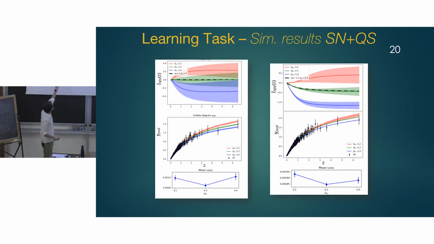But in the training procedure and also in the test I will show you in a moment, we only changed across 3 different omega m due to computational resources. Yeah, omega m is a hyperparameter.